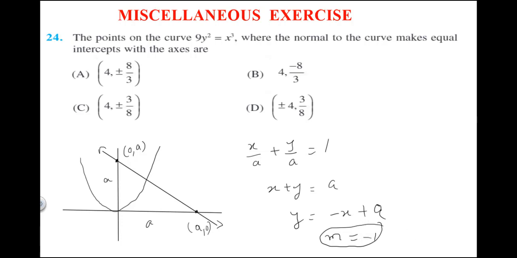Now the other thing that you should point out here is that we have to find the points on the curve. Right? So this is the slope according to this line and intercept. Now according to the curve, which is 9y square equals x cube, if I find out the slope from here, 9 into 2y dy by dx equals 3x square.